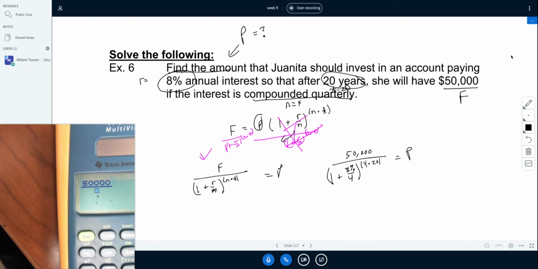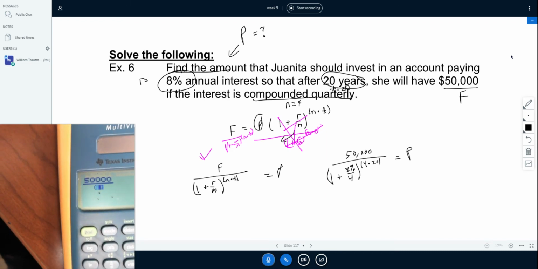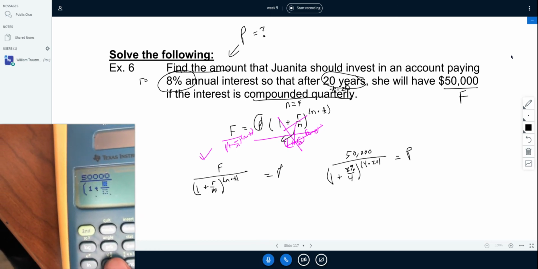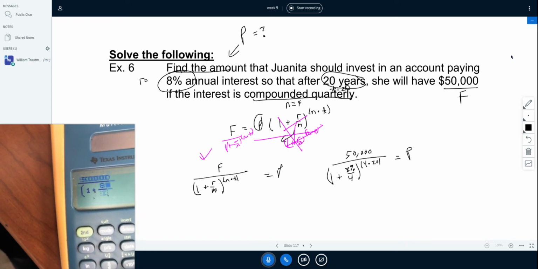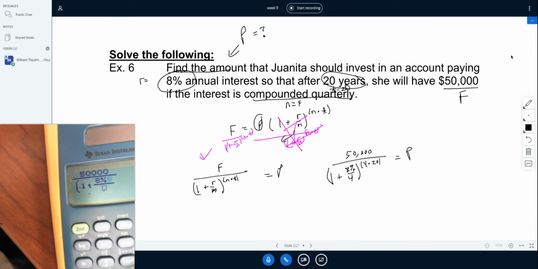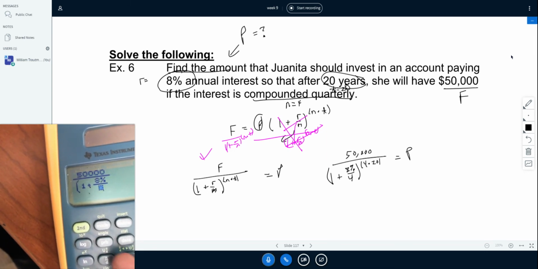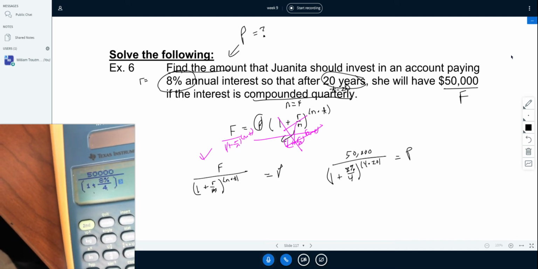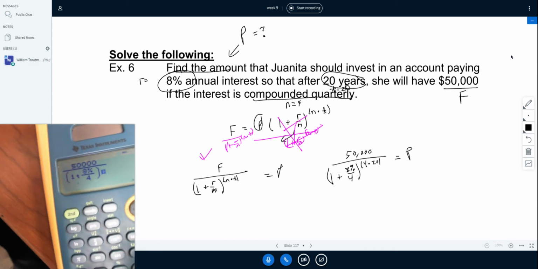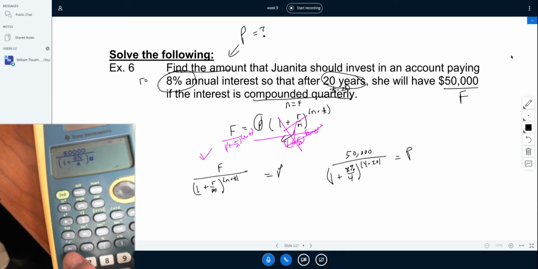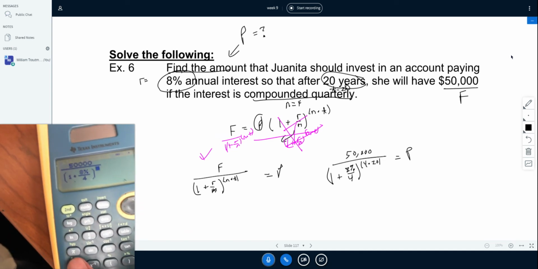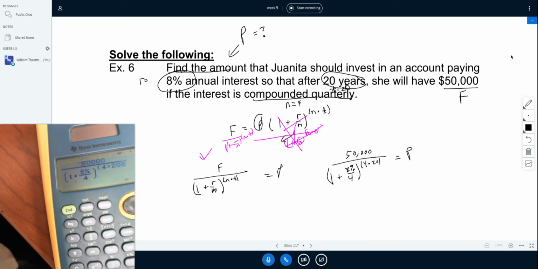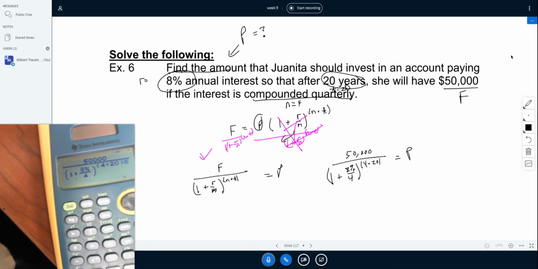On the bottom, I have parentheses, 1 plus a fraction of R, which is 8%, divided by 4. I arrow over and close the parentheses. Then I raise it to the power. When you raise a power, you use the arrow up button, and my power is 4 times 20, close parentheses.